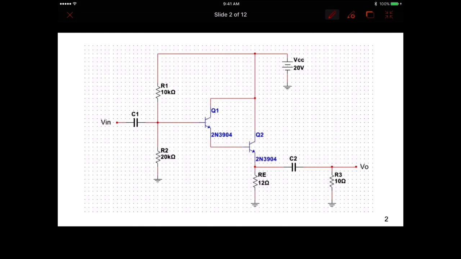Okay, so we know this current is IE, and we know that current IC. We're really only concerned with Q2 because Q2 is the one that's controlling the load current. Next is the voltage VCE here.